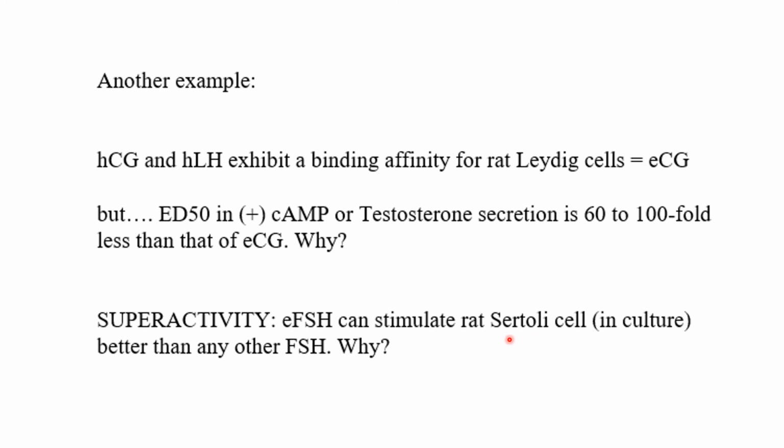And now I'm showing you that these two hormones and this hormone can affect cells differently, and it all has to be because of the oligosaccharide, the sugar side chains. The carbohydrate part of these hormones is doing a better job of stimulating that transmembrane signal.